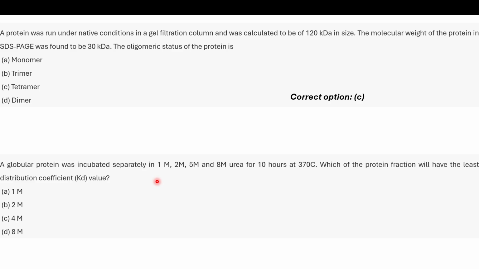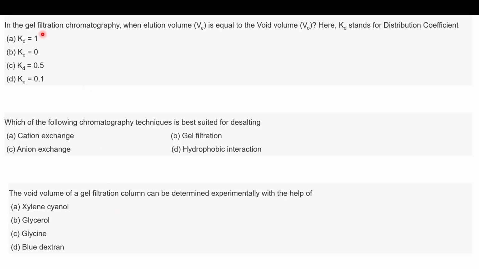So what will be the answer? Option D. Yes, the 8 molar one, because it will be most or completely unfolded, or having a higher hydrodynamic surface area. Option D.